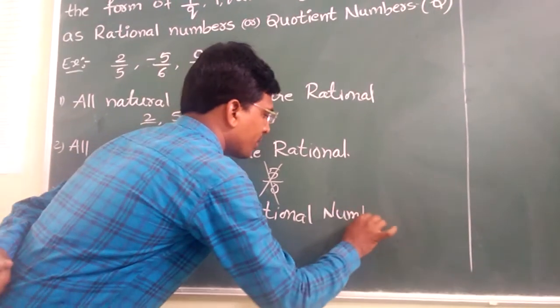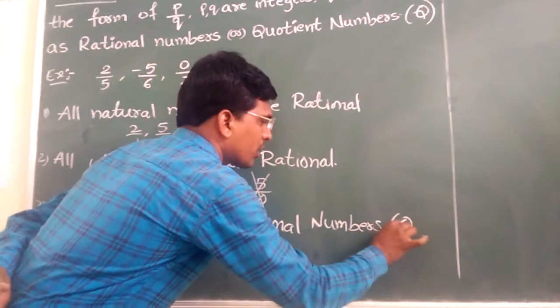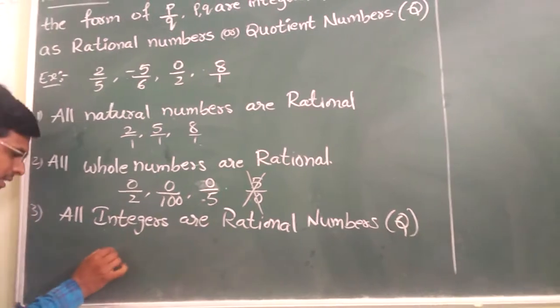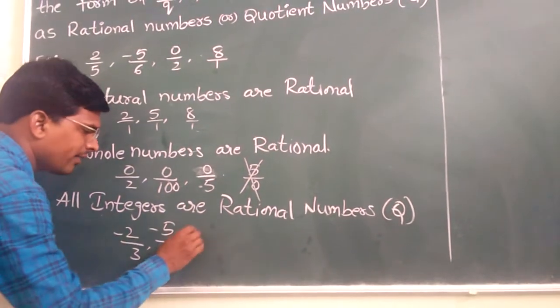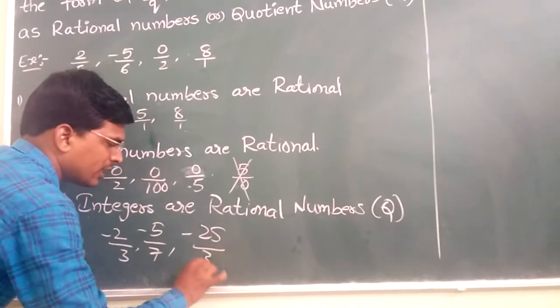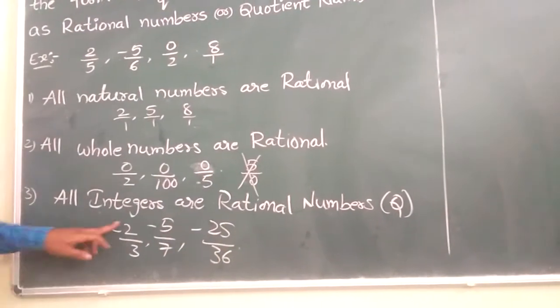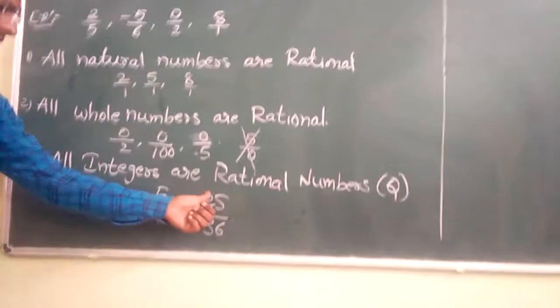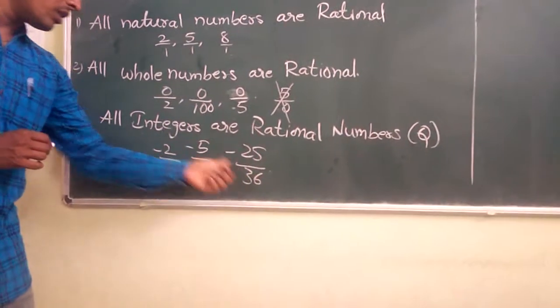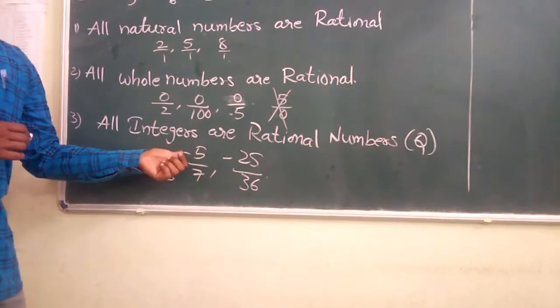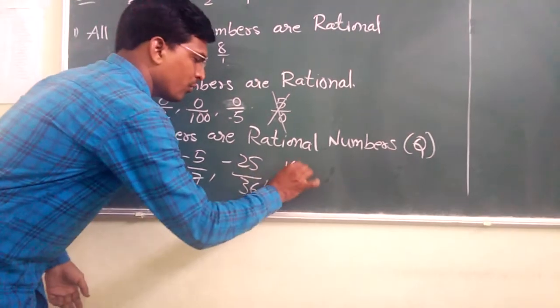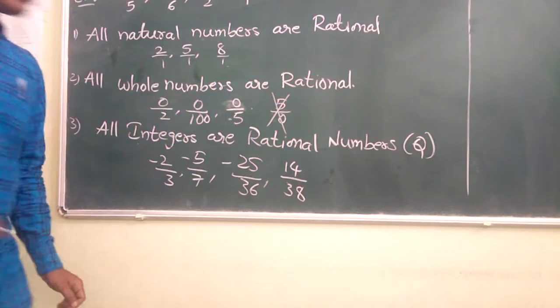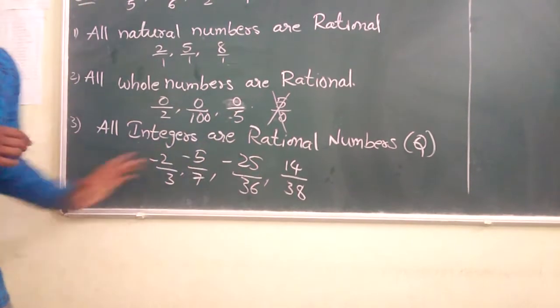Rational numbers are represented by capital Q. Here as examples you can take minus 2 by 3, minus 5 by 7, minus 25 by 36. These numbers are rational numbers because they are represented in the form of p by q, but the numerator contains the negative sign. It may be negative or it may be positive, like 14 by 38. So all these numbers are rational numbers.